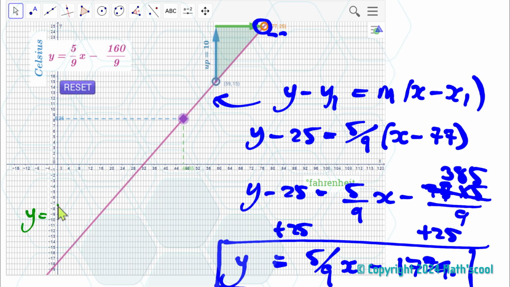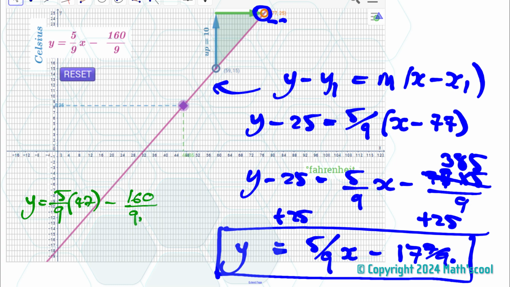So y equals 5 over 9. X is going to be 47. 47 minus 160 over 9. So then that's going to give me y equals 5 times 47, so that's going to be 235 over 9 minus 160 over 9.